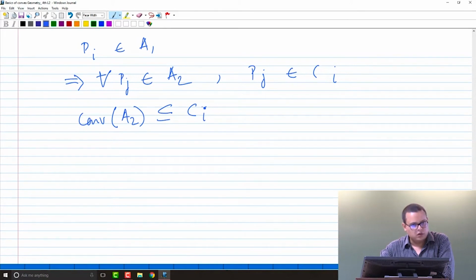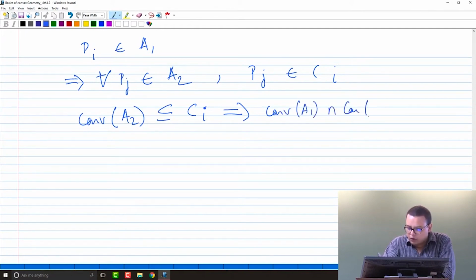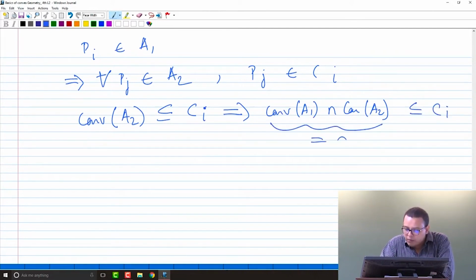Yes, because convex hull is the smallest convex set containing the points. Ci contains the points in A2, so it contains the convex hull. This also implies that the convex hull of A1 intersection convex hull of A2 is also contained in Ci, and observe that this is not equal to empty, from Radon's theorem.